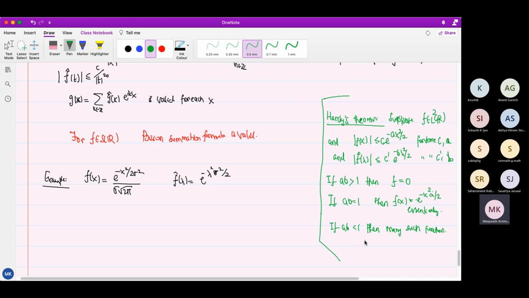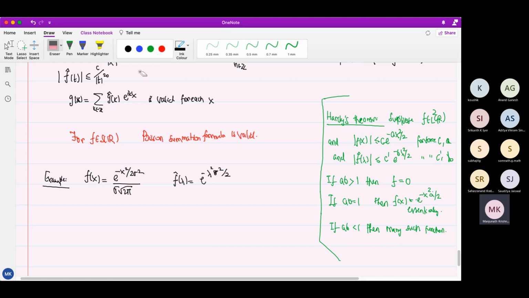So one example linking to the ones that we were doing is, for example, h_k(x) e to the minus ax square by 2. Maybe let's take a equal to 1. So basically Hermite polynomial times that will do.